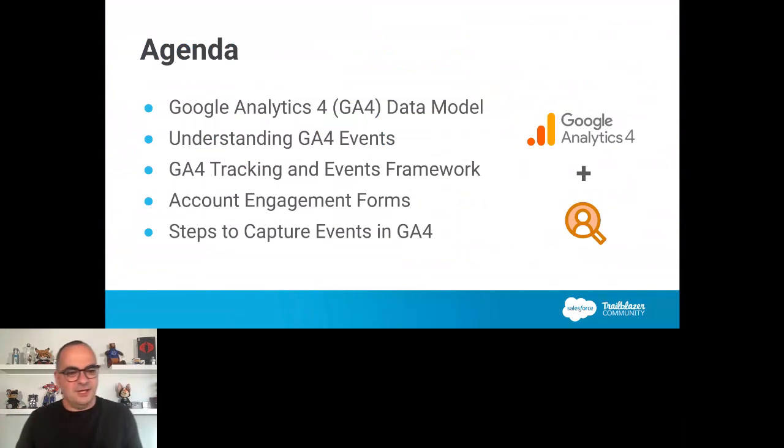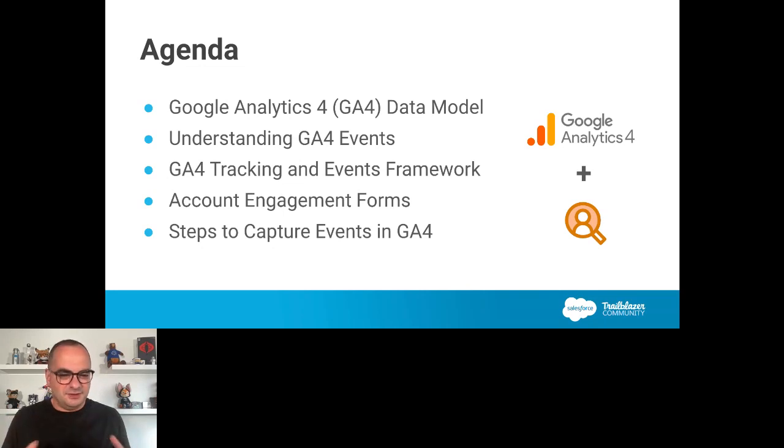So what's the agenda today? We are going to talk about the Google Analytics data model and touch base on the differences between Google Analytics Universal and GA4, if you're just starting to explore GA4 as a marketing operations person. We will talk about understanding GA4 events: what are the events, what are the parameters?